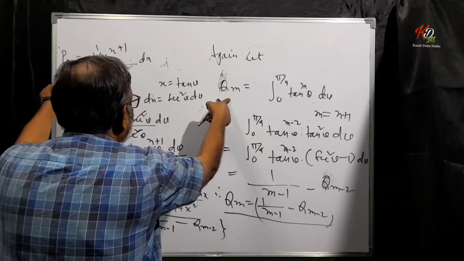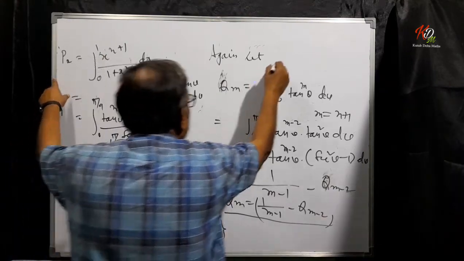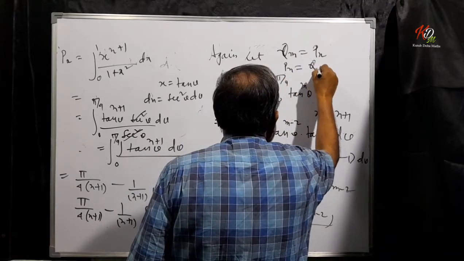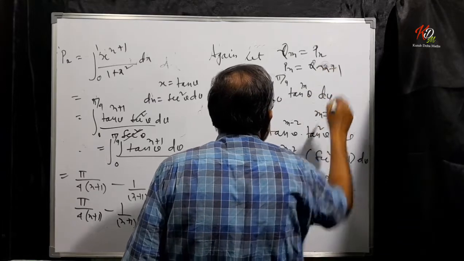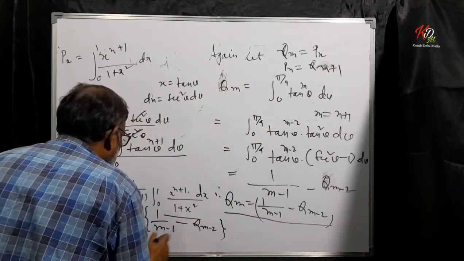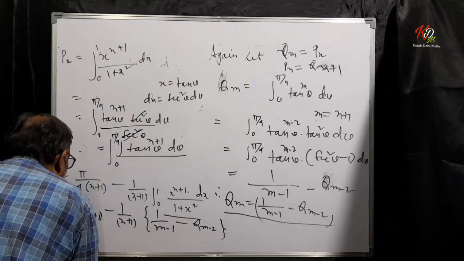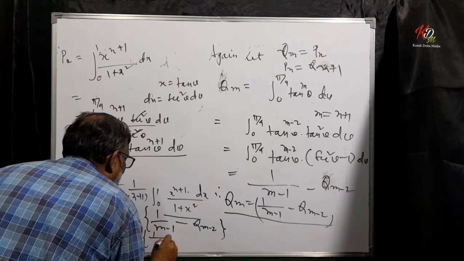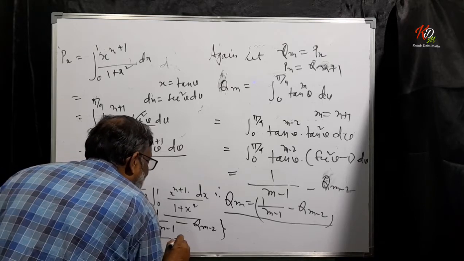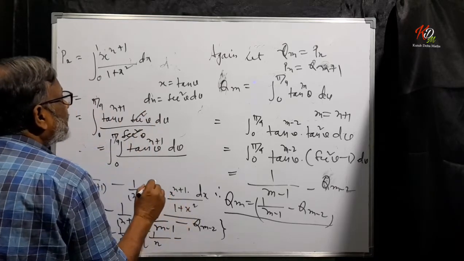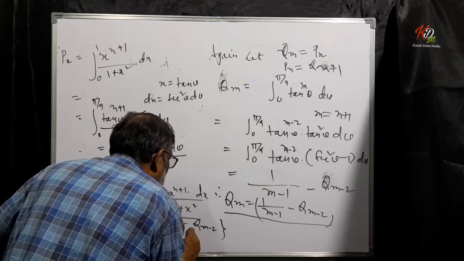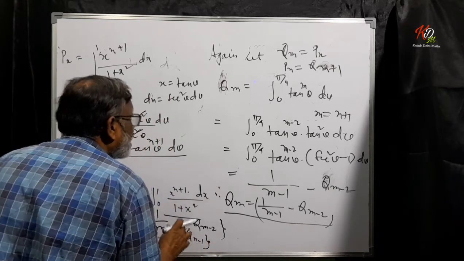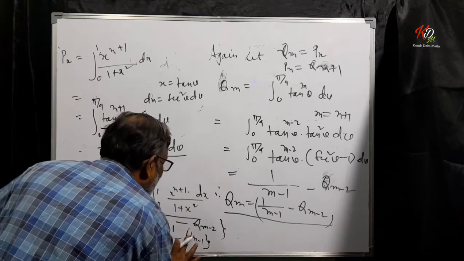Here Pn equal to Qm, so putting Qn plus 1, we get Pn equal to pi by 4 n plus 1 minus 1 by n plus 1, 1 by n minus Qn minus 1. So Qn plus 1 equals Pn minus 1.